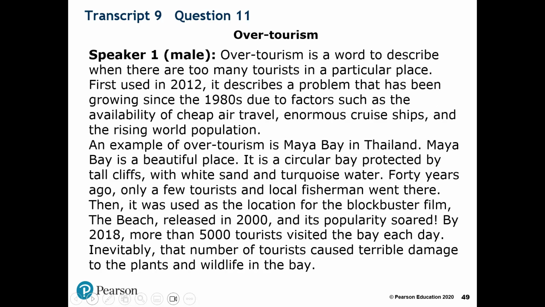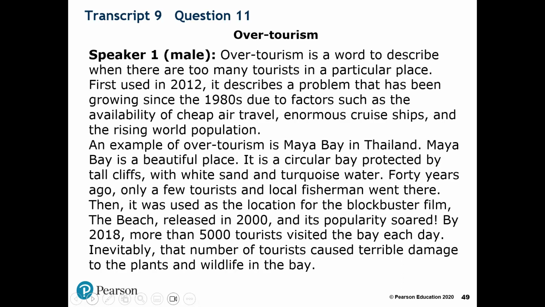So over-tourism is a word to describe when there are too many tourists in a particular place. First used in 2012, it describes a problem that has been growing since the 1980s due to factors such as the availability of air travel, enormous cruise ships, and the rising world population.